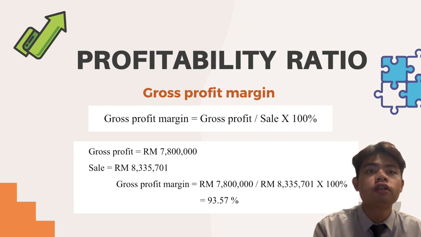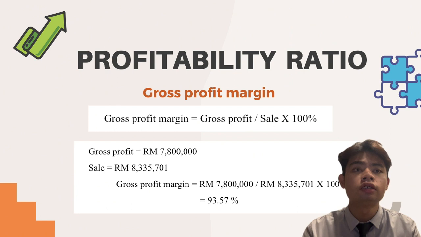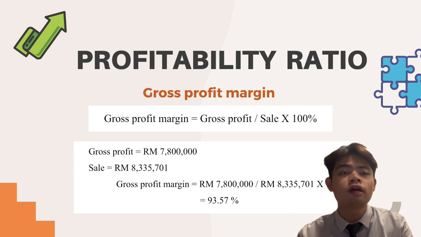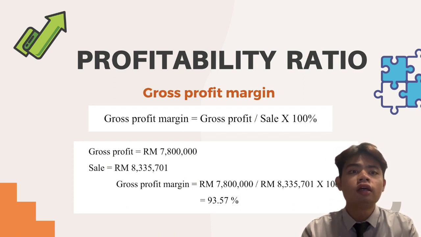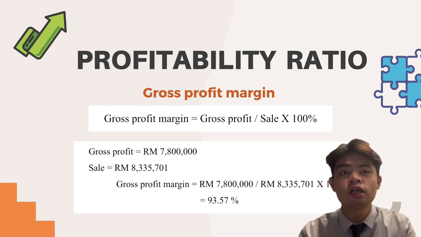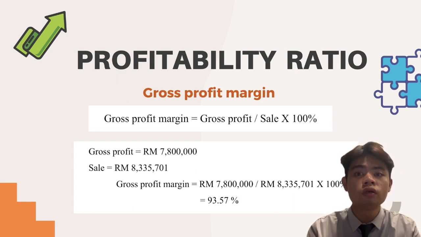So the gross profit of Jet Resources is 7 million 8,100, and then their sales is 8,335,701.